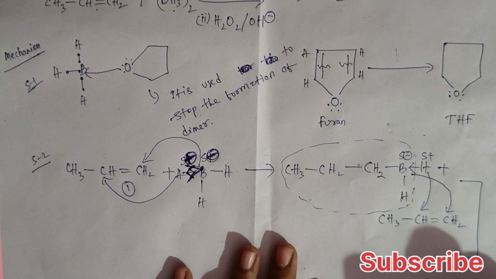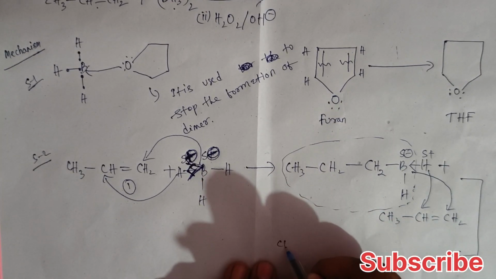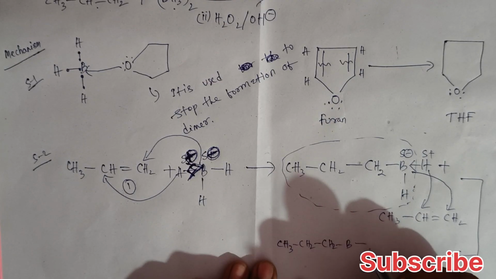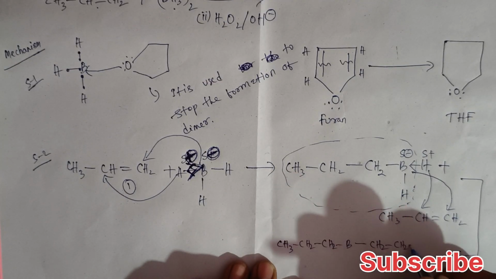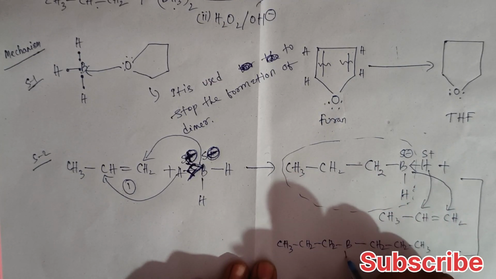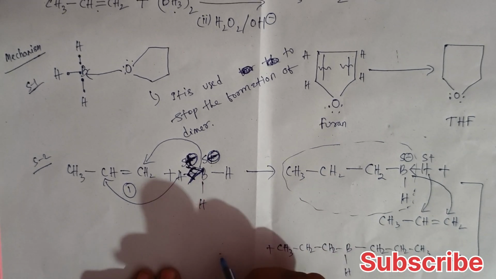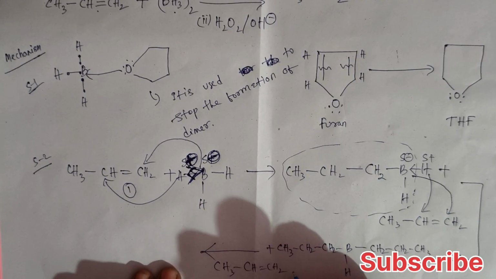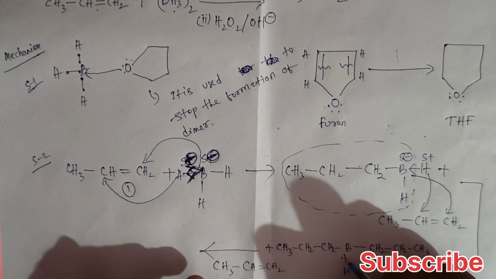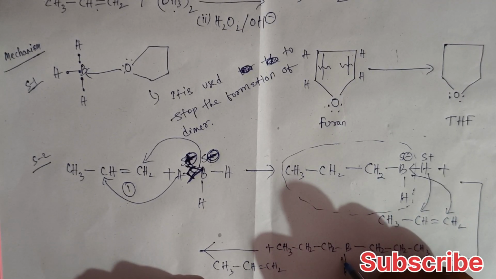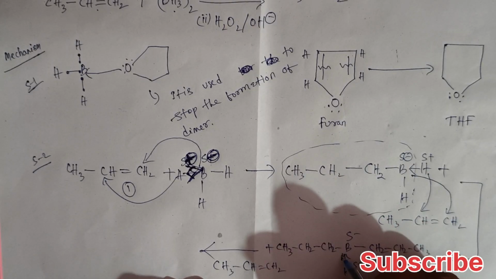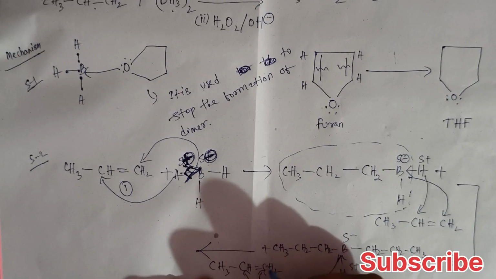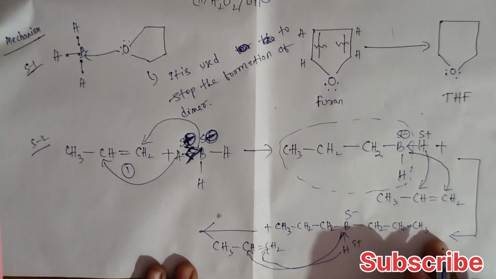The product will be CH3 CH2 CH2, then B, then CH2 CH2 CH3, then another H is added. Again another propene is added, and again the same rule applies.